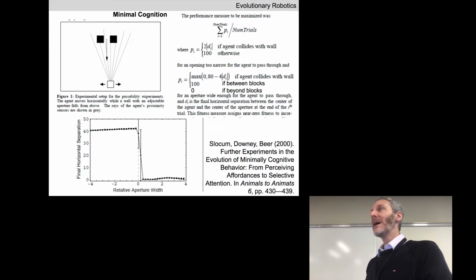We're going to drop a whole bunch of object pairs, and the ones that are to the left have an aperture that is too narrow for the robot to get between, and the right-hand half of the figure represents aperture widths that are wider than the robot's width. And the vertical axis is how far away horizontally was the robot from the center of the object pair when the pair got to the ground. What did this evolved CTRNN force the robot to do?